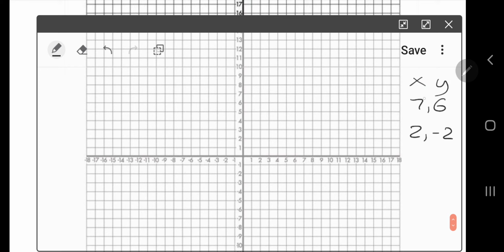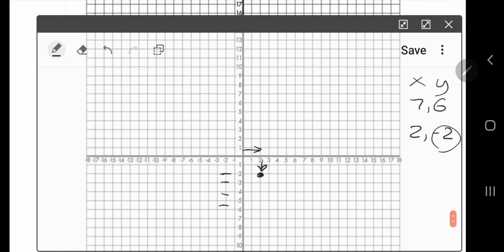So x and y. So 2, -2. We move 2 to the right. And now we have the -2. So for negatives, for the y value, we would go down. And also it's labeled. So you can see that all these numbers over here, they have the negative sign. So you will know where to go. So you would go down 2. It would be this point right here.